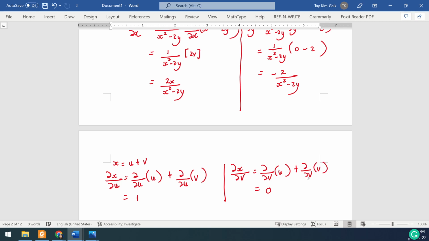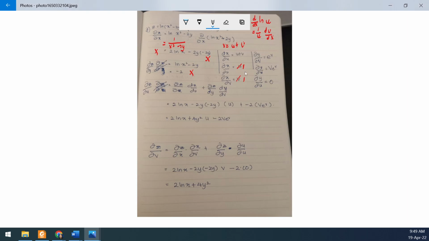You see del v, numerator denominator slash it, 1, right? Okay, and then y. What is y? Y is exponent v. Del y del v gets back exponent v. This one is correct. Okay, del y del u. This is wrong. This is 0.